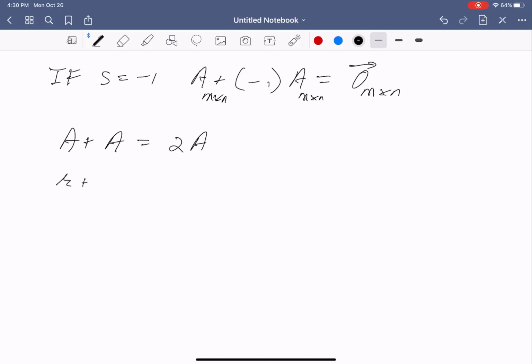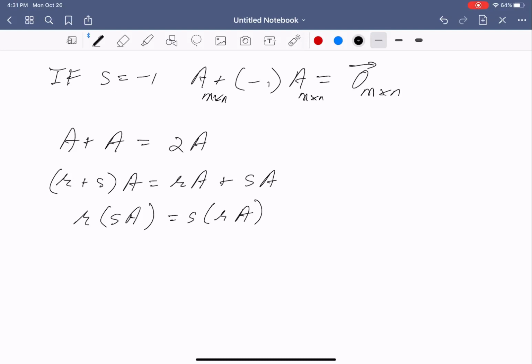So if we have that (r plus s)A is equal to rA plus sA, you can split up the scalars that you're multiplying A by. Then we have r(sA) is equal to s(rA) if we break them down.